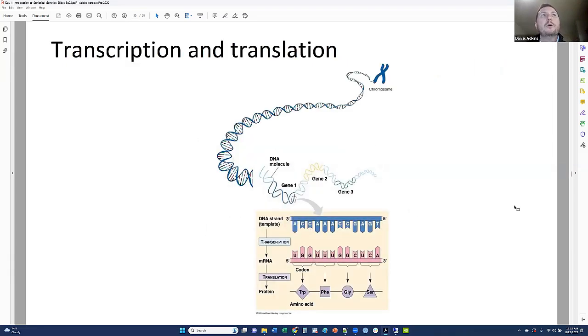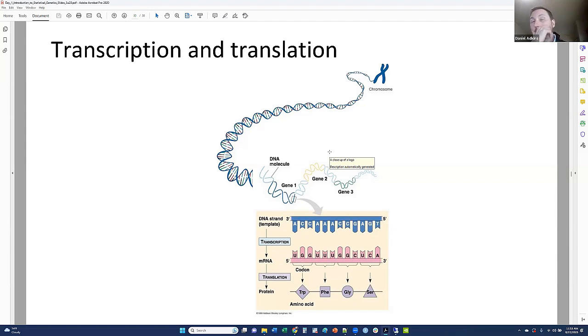Another very central concept, which we already touched on, is how we get from DNA, which is like a book comprised of 3.2 billion base pairs or letters. How do we get from that double helix structure to the phenotypes that we observe in humans?